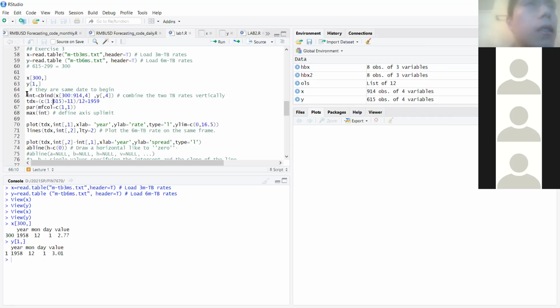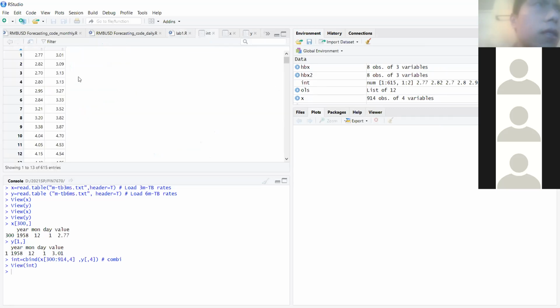So what we do is here. For example, I run this. And then you will find int, right? The int is here. So this is the two data files from 1958, together.